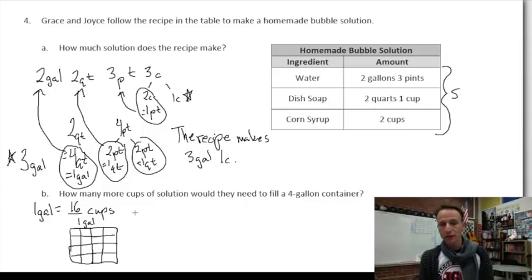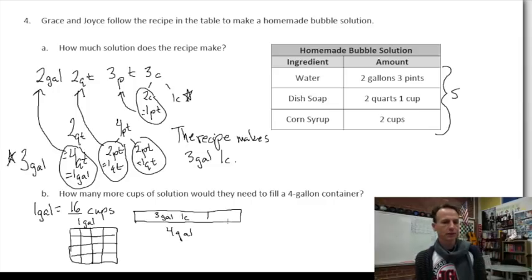Now, if we wanted to draw a nice little tape for this, we'd say, if this is 4 gallons, we have 3 gallons, 1 cup. We need 16 cups to make a full gallon, so another 15 cups would finish us out there. We could also write this as 4 gallons minus 3 gallons, 1 cup, but I don't think that's necessary.